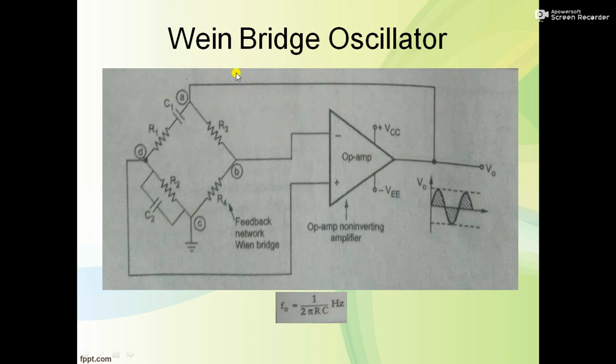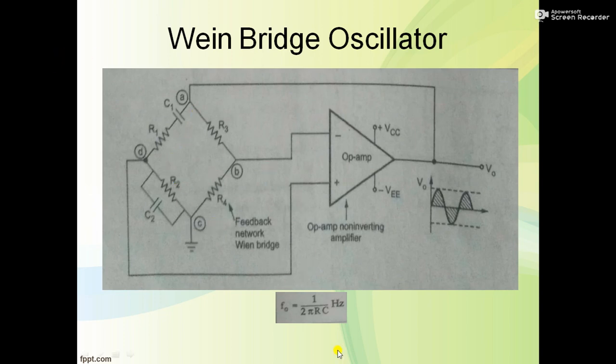With the help of this input signal, the bridge circuit operates. When it is operating, with the help of these two frequency sensitive arms, it will generate oscillations with the desired frequency.